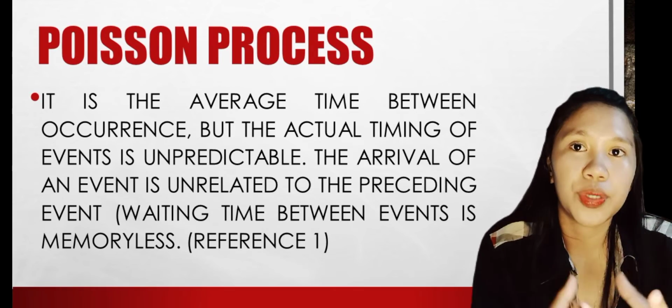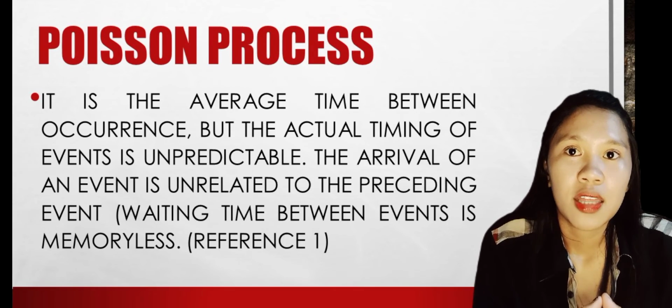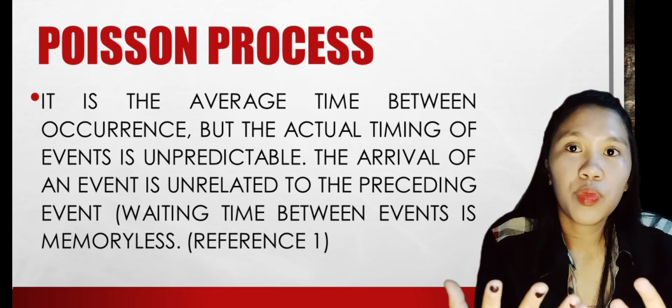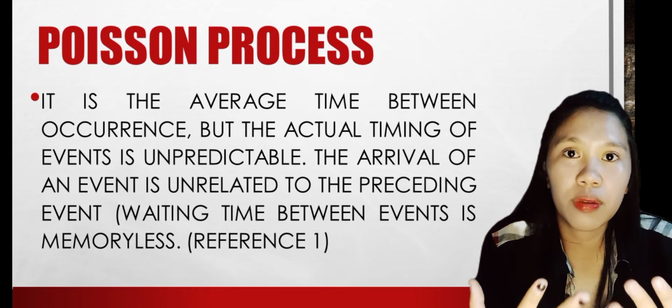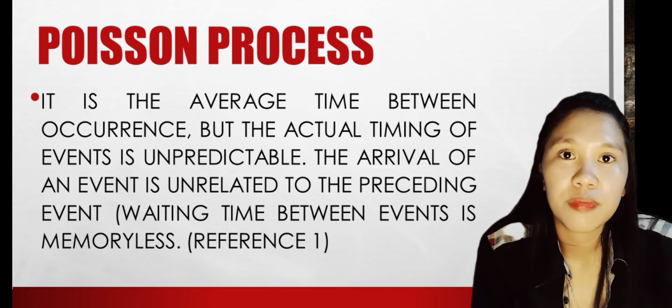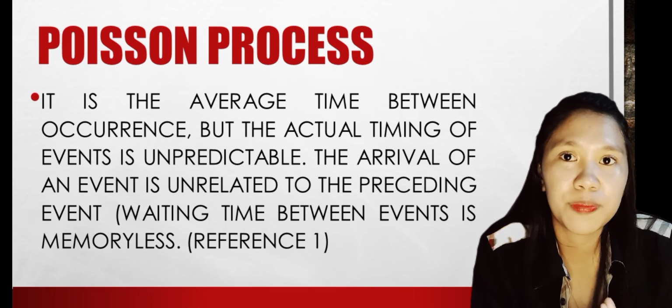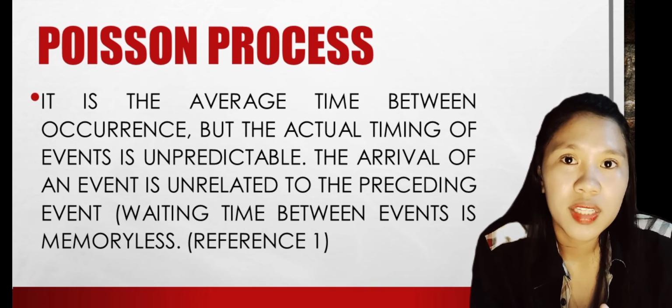Let's go on to another topic, which is the Poisson process. The Poisson process is about the average time between occurrences, but the actual timing of events is unpredictable. The arrival of an event is unrelated to the preceding event. Waiting time between events is memoryless.